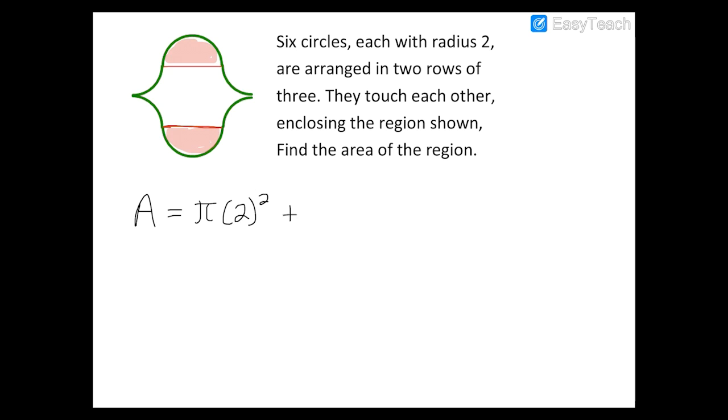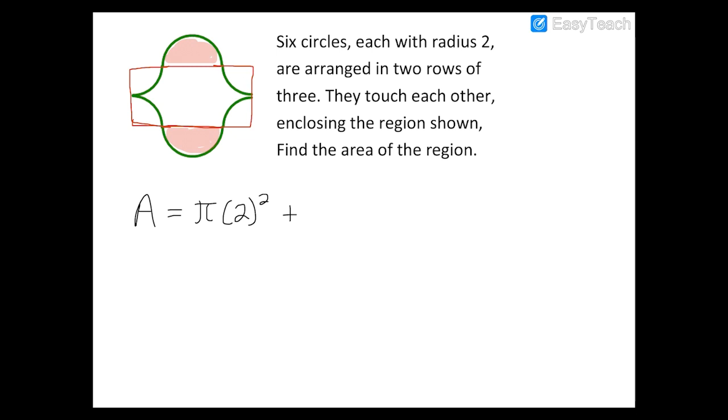So let's look at this area here in the middle. We can construct a rectangle like this. And now this rectangle has 1, 2, 3, 4 quarter circles, which will make one full circle, by the way. We know that the radius is 2.